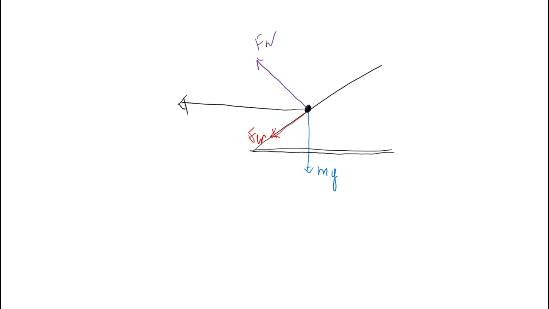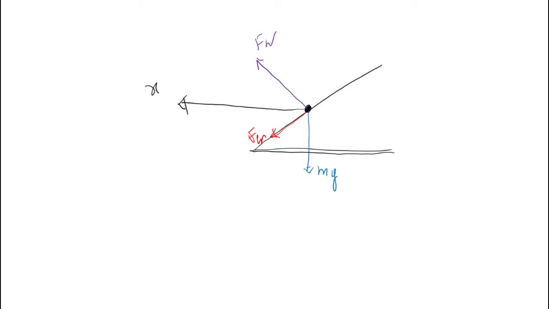Shrink the object. We'll have the object here. We said the normal force is perpendicular to the surface, mg is perpendicular to the ground, and the friction force goes along the surface. The direction of centripetal acceleration will be parallel to the ground, because the circle where the truck is going is parallel to the ground.